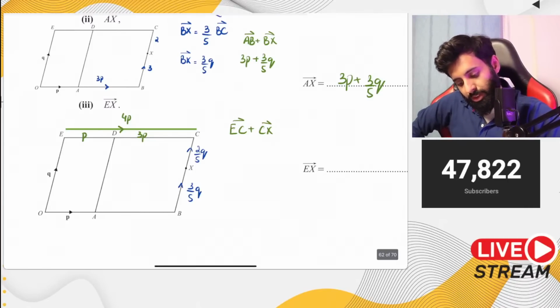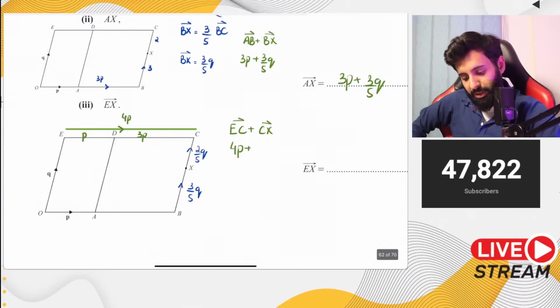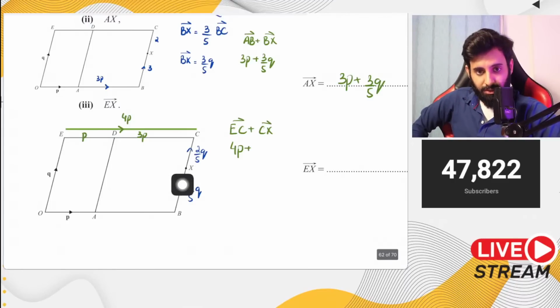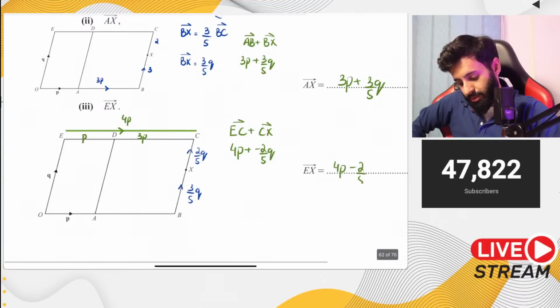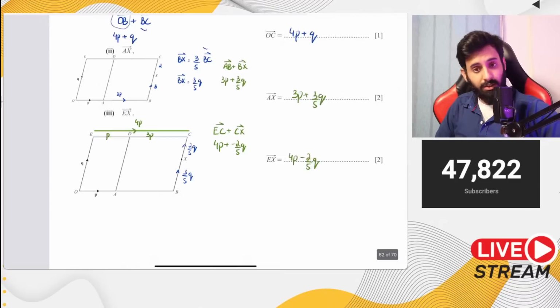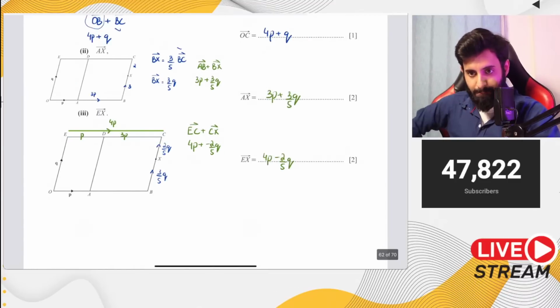So 4P plus CX. Now don't make the mistake of taking this as positive 2/5 Q. This will be minus 2/5 Q. And then you can write your answer, 4P minus 2/5 Q. And there you go, fellas. That's your answer.